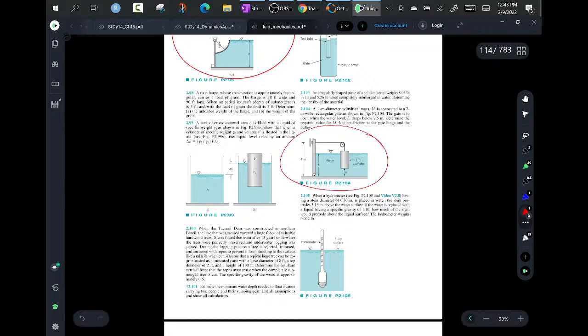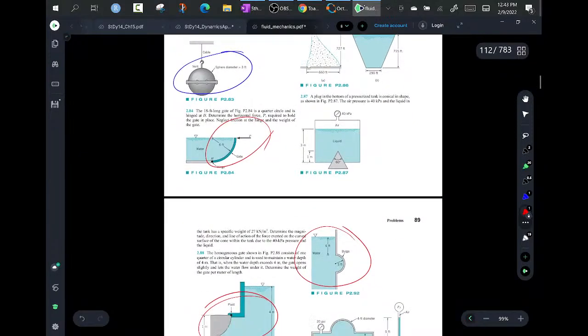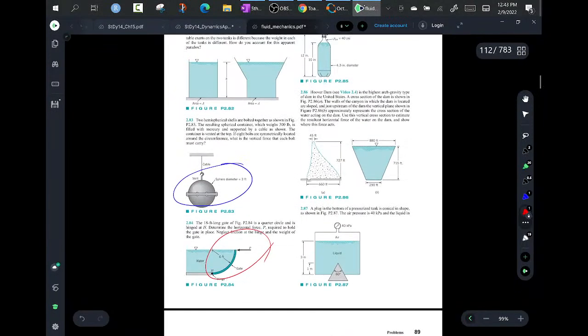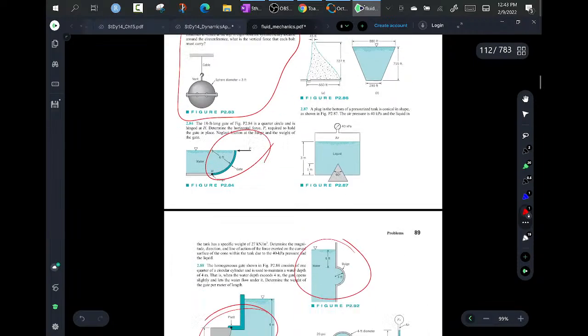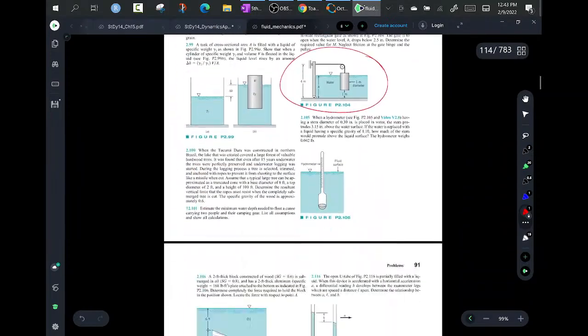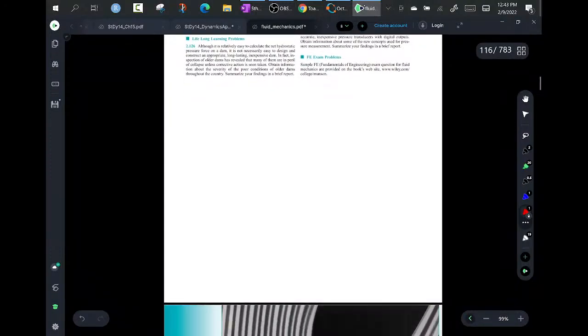Maybe we'll do this problem. I'll just identify the ones. I think I'll do this one as well. So I'll do all the ones in red. I don't know if I can complete all those on Friday, but we'll see what we can do.